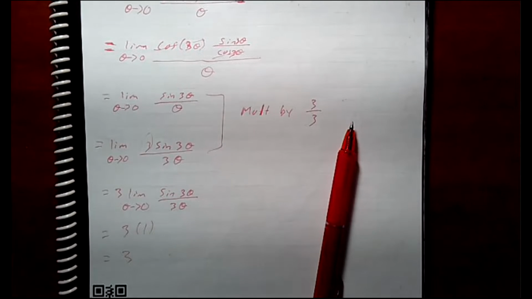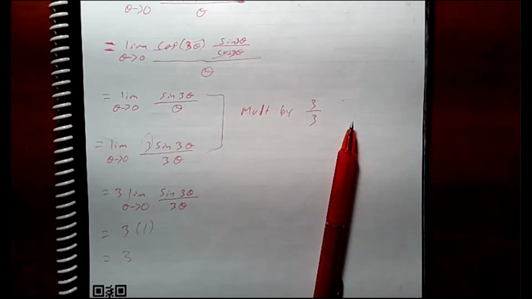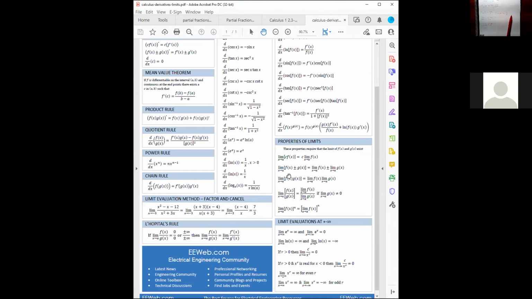Let me show you the limit rules. Right here, these are the properties of limits. This is in the videos. Any constant c can be pulled out in front. If you have a sum and difference of functions, you can separate them and take the limit separately.